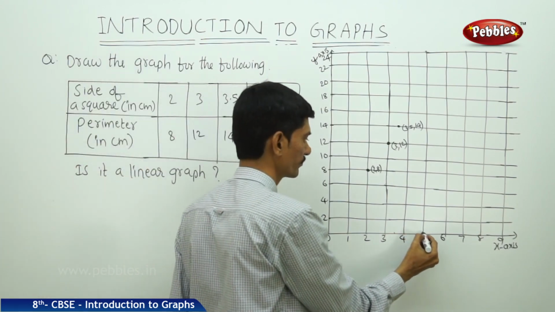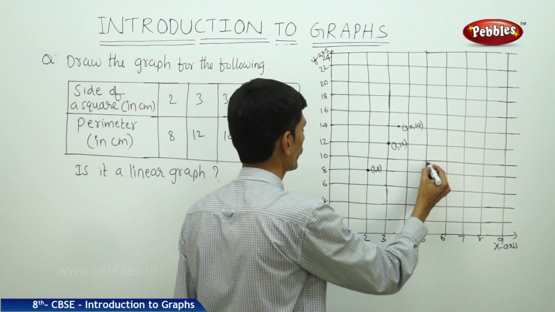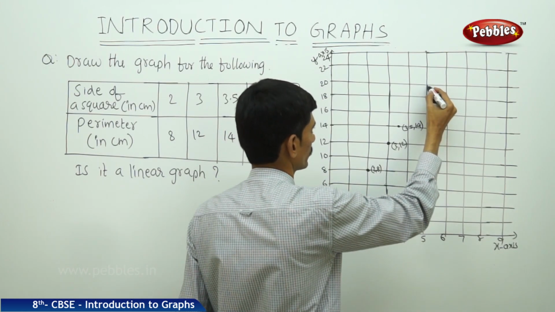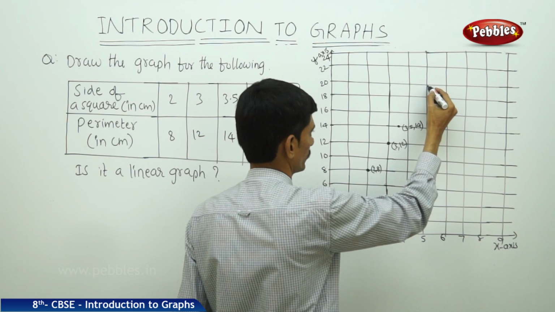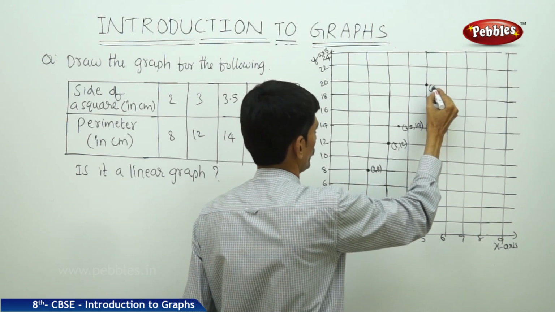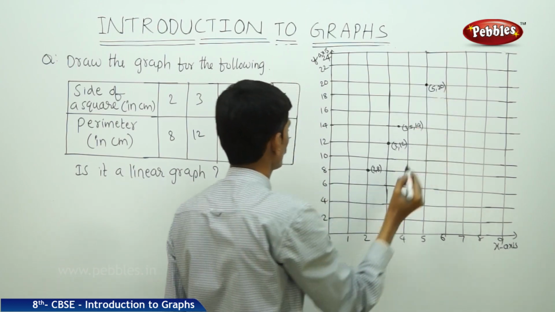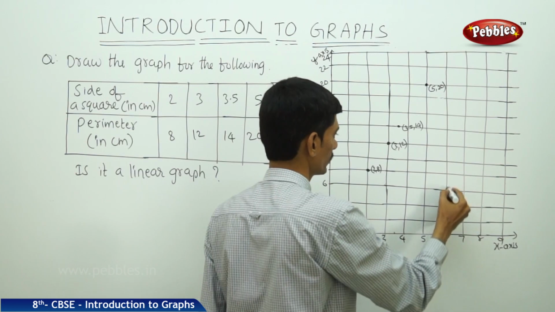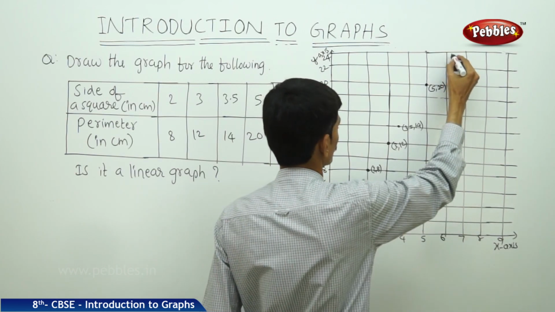On the x-axis 5, on the y-axis 20. So this is the point 5 comma 20. And the next point is 6 comma 24. On the x-axis 6, on the y-axis 24.